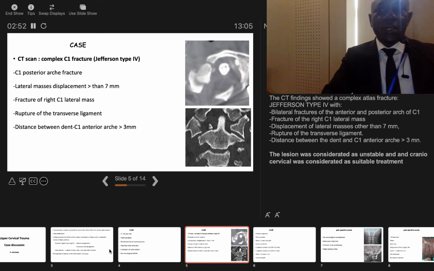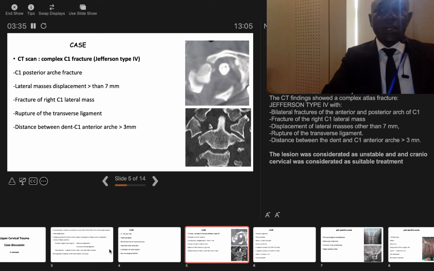The CT scan showed a complex atlas fracture, Jefferson type 4, with bilateral fracture of the anterior and posterior arc of C1, fracture of the right lateral mass of C1, displacement of the lateral mass over 7 mm, rupture of the transverse ligament, and a distance between the dens and C1 anterior arc of more than 3 mm.